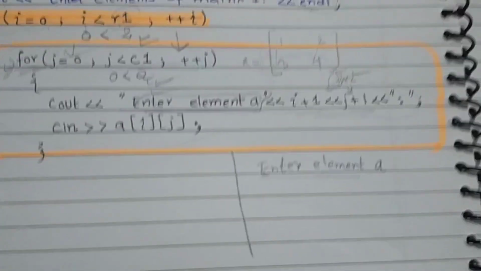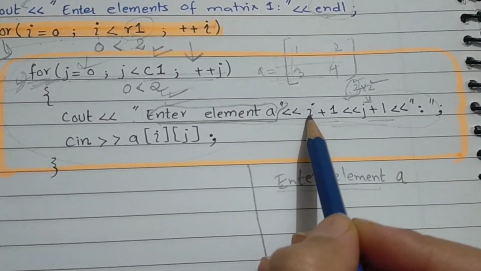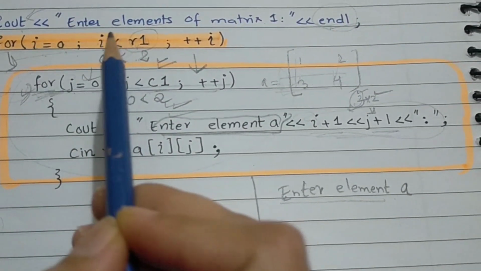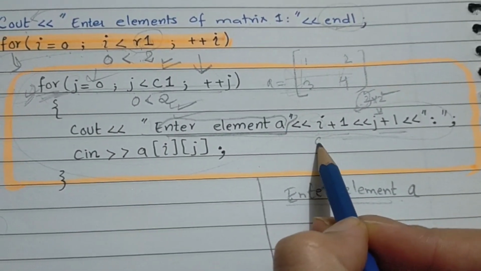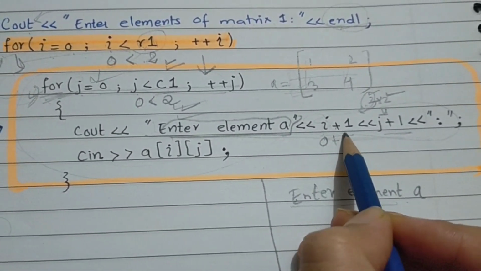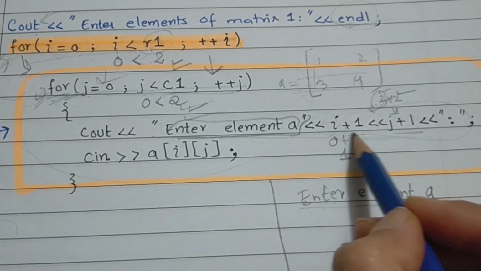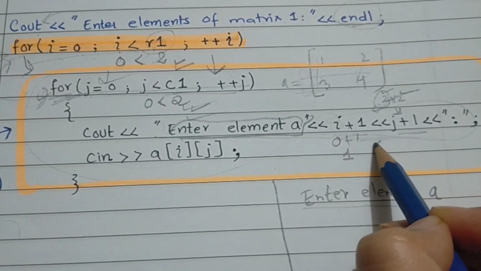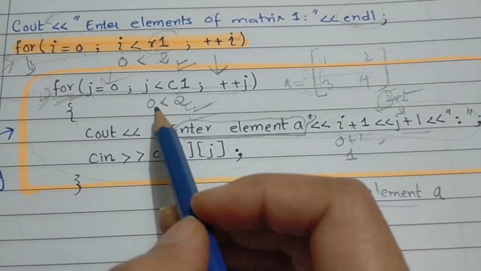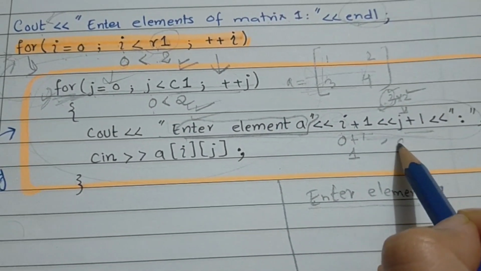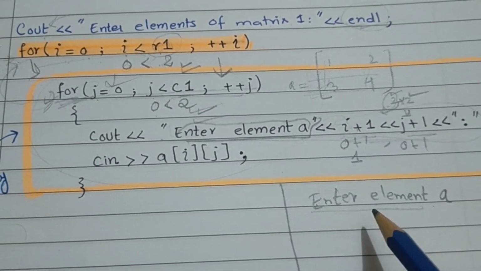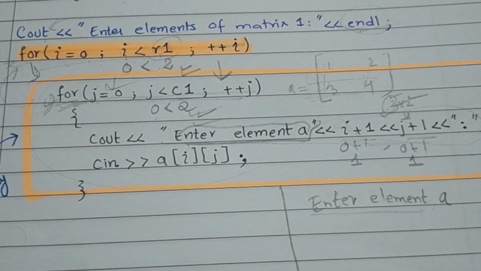Basically, the value of i here is 0, and this is plus 1, so we get 1. Again j is 0 here, so this is 0 plus 1, and again we get 1.